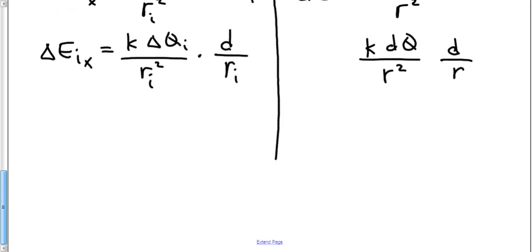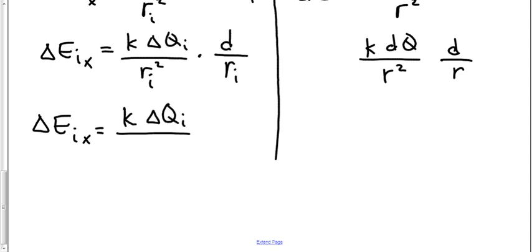So if we replace r with that, then we're just going to rewrite it again. k delta q for little segment i, and then r squared. Now r squared is equal to the opposite side squared plus the adjacent side squared, so I will just write it this way. d squared plus y squared. Now y again is going to depend on which segment. So there is r squared.